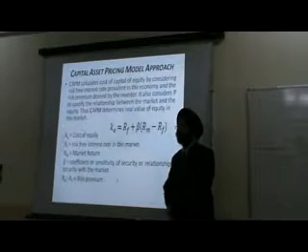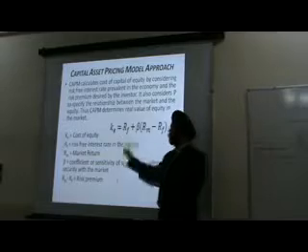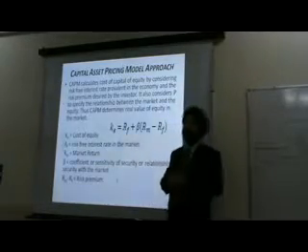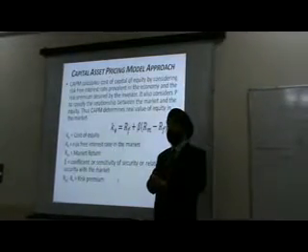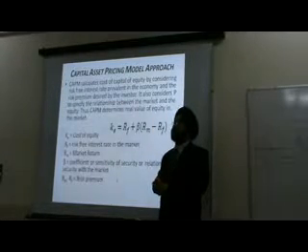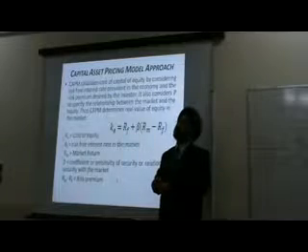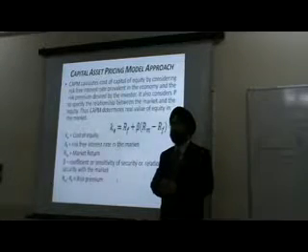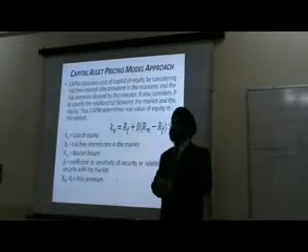Anyway, the cost of capital when we are considering the CAPM model is nothing but what extra you are getting over and above your risk-free return, considering the risk you are taking.